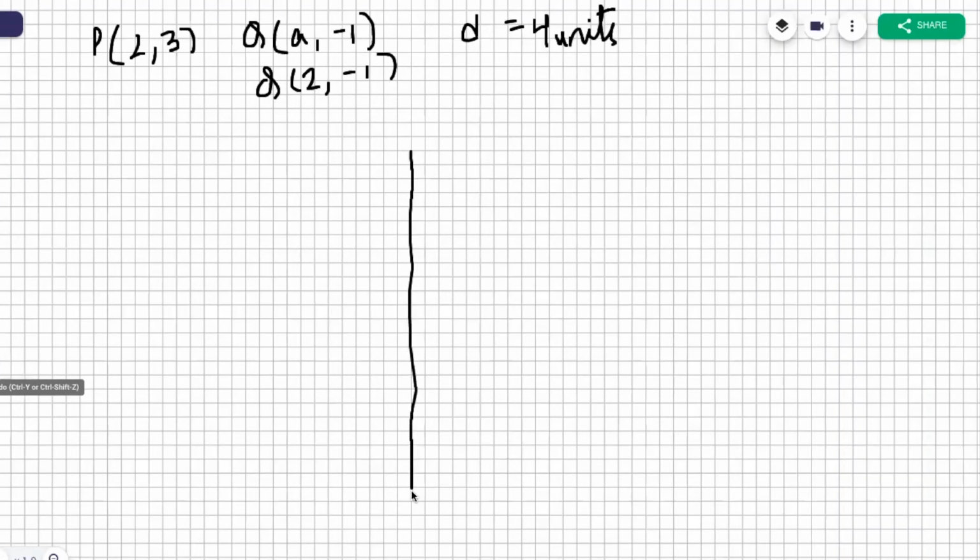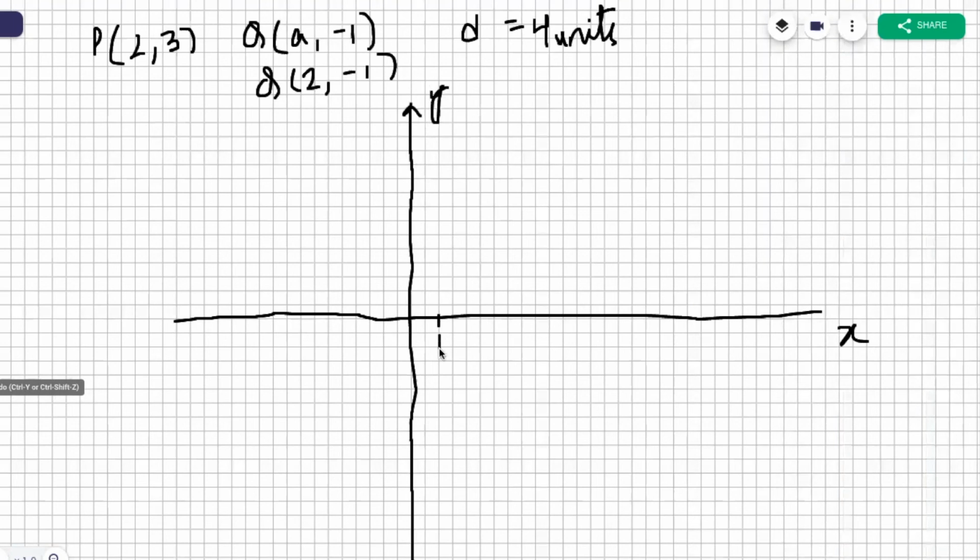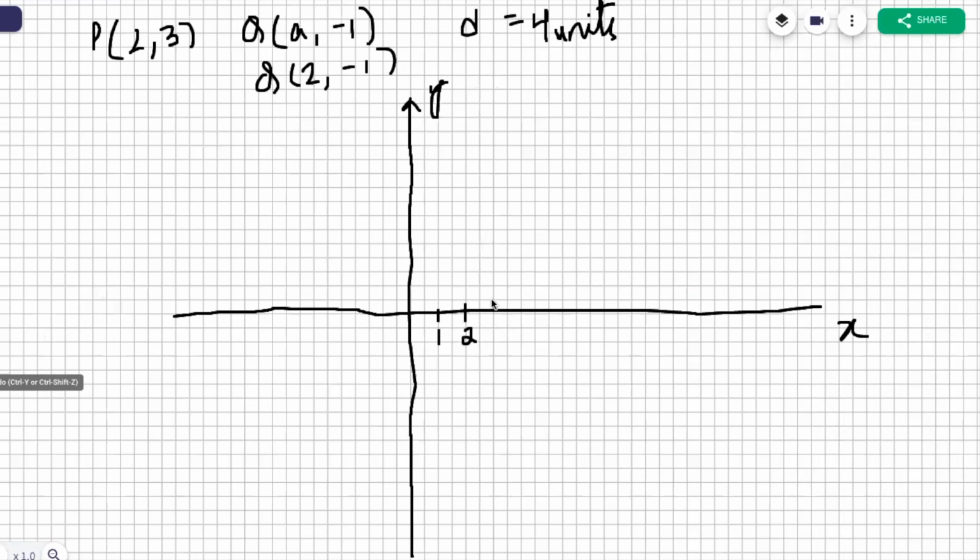I'll try to draw now axis here on my board. I've drawn the y-axis, now I'm drawing the x-axis. And I'll get a few points on these axes. So this is 1, 2, 3, and here I have negative 1, negative 2, negative 3.